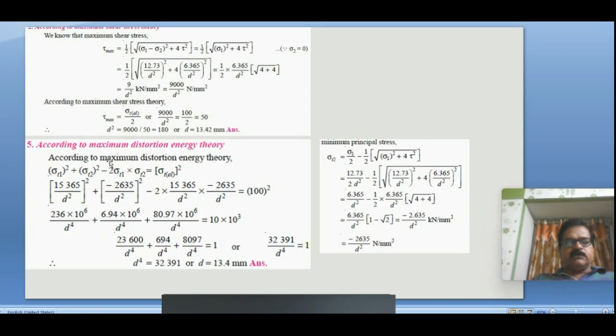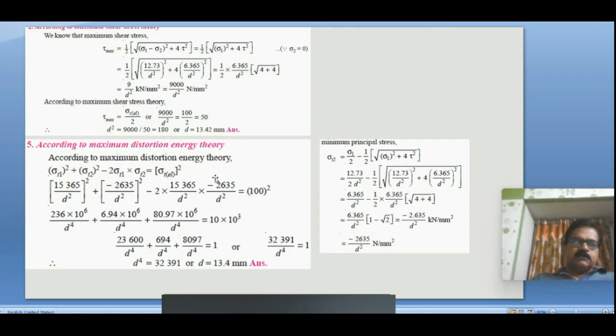And the third one is distortion energy or von Mises theory. According to von Mises theory, sigma t1 whole square plus sigma t2 whole square minus 2 sigma t1 into sigma t2 is equal to the failure value of stress divided by the factor of safety at elastic limit, whole square.